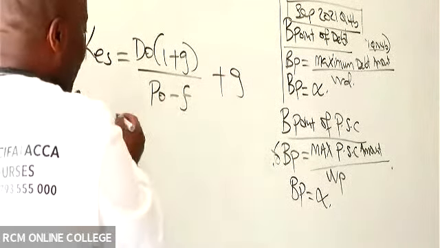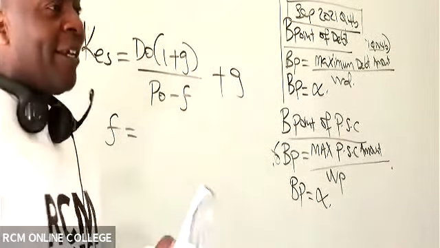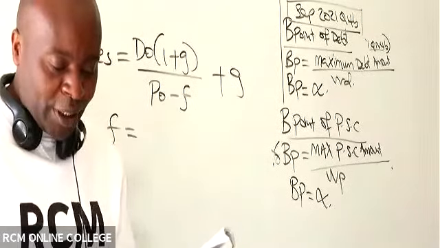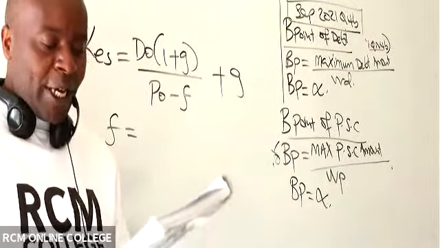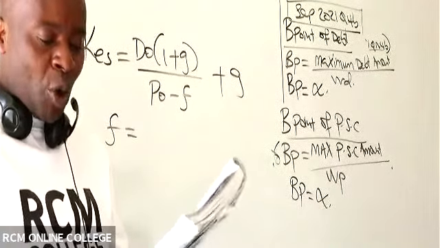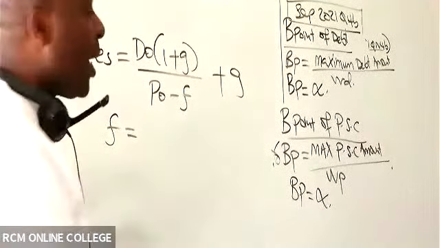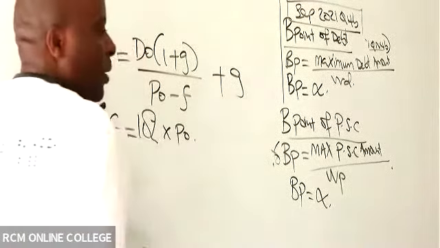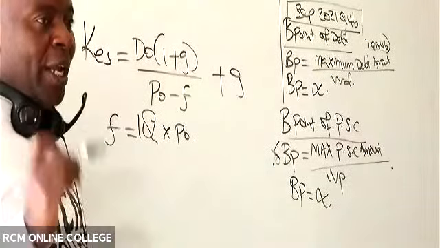So here I have everything except flotation cost. Have they given me flotation costs anywhere? Yeah, they are talking about note number 4, equity capital. They are talking about a flotation cost of 10% of the issue price. So it will be 10% of P0, 10% of the price per share.